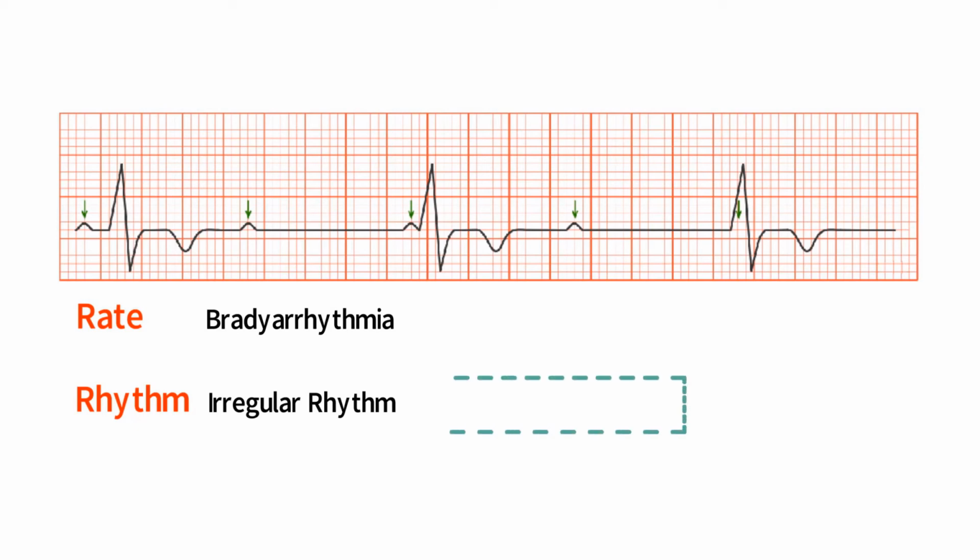But if you focus, you will find that the QRS wave has a strange shape. It's not the normal QRS that you can find in the other patients we checked. So keep that in mind.